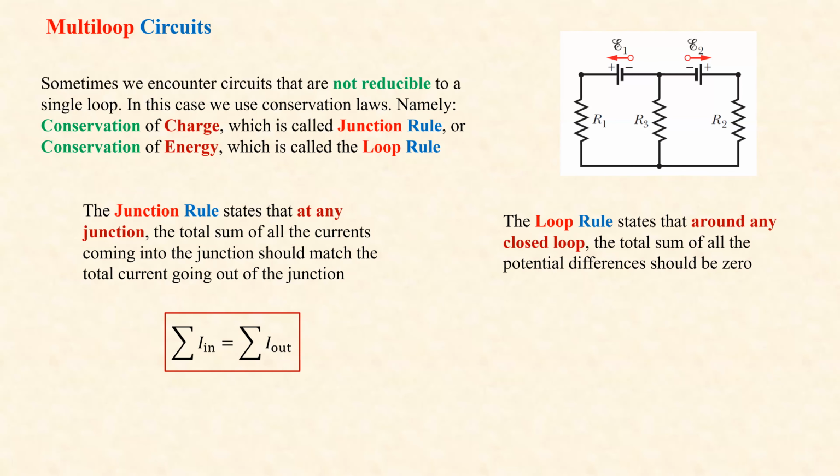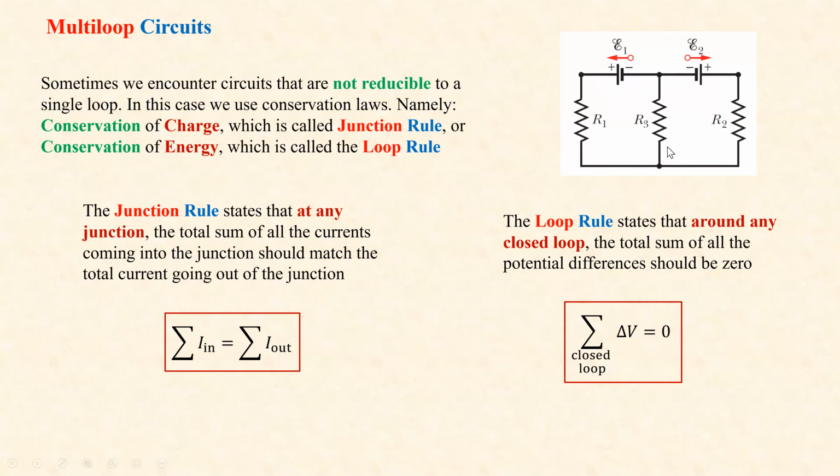And the loop rule says that around any closed loop, the total potential differences should be 0. And we write this as: sum of delta V equals 0 for any closed loop. That means, for example, you can take this closed loop, or this closed loop, or the larger closed loop, it doesn't matter which way you go.